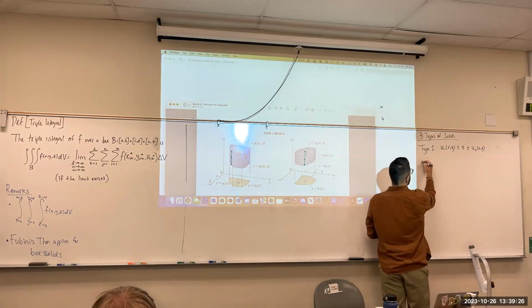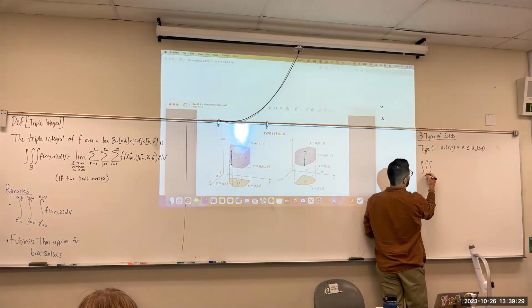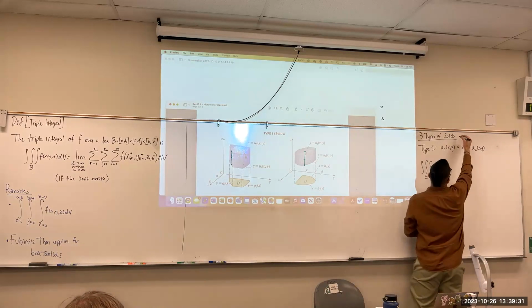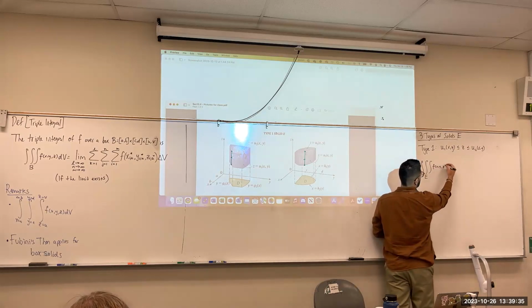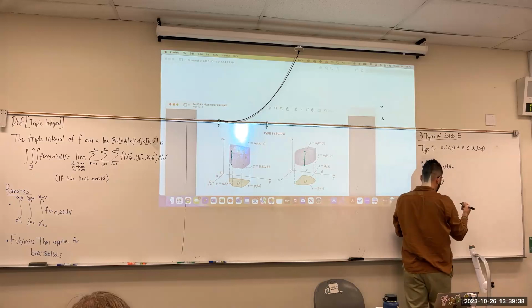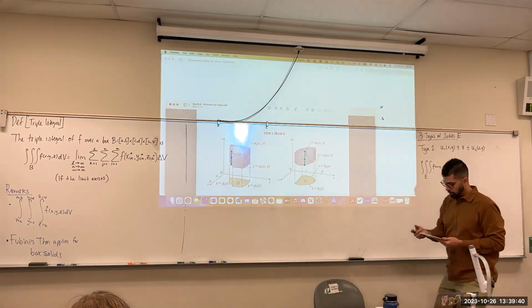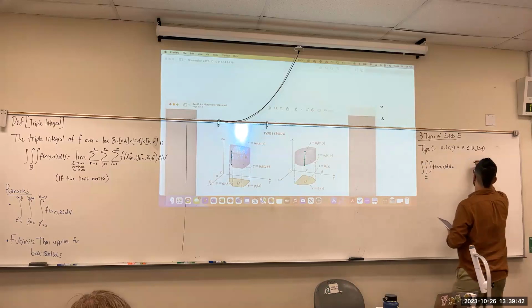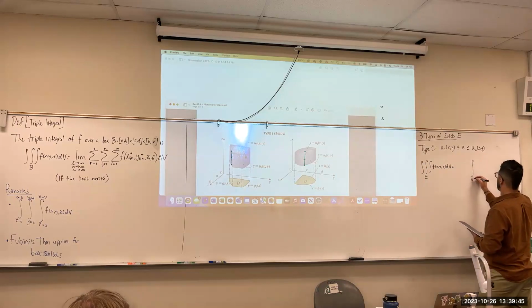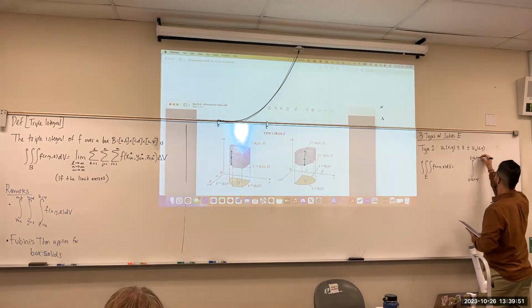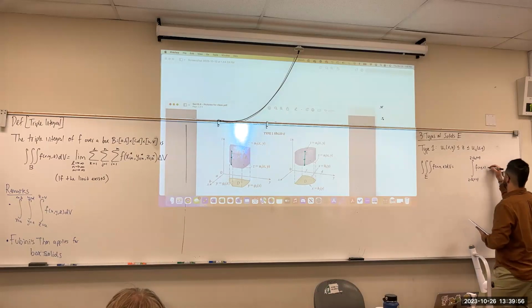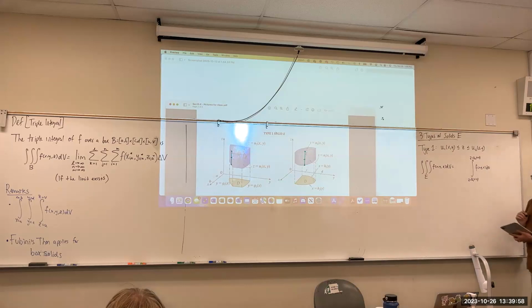And so what ends up happening is you have your triple integral over your solid E of your function. So this is what you're going to do. You're going to say z will be bounded below by u1 of x, y and bounded above by u2 of x, y, dz, like this.